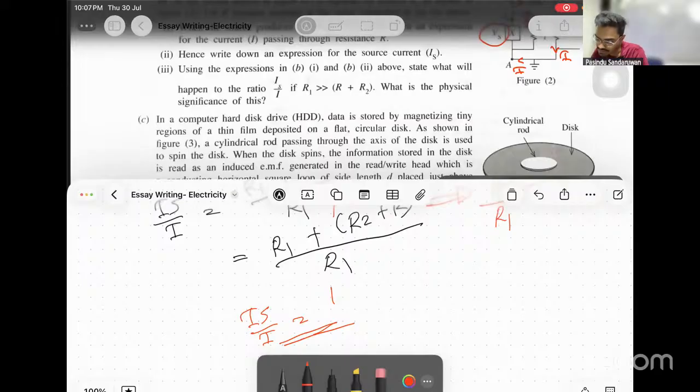Then the question is, what happened to the ratio? It reaches 1, right? And what is the physical significance of this?